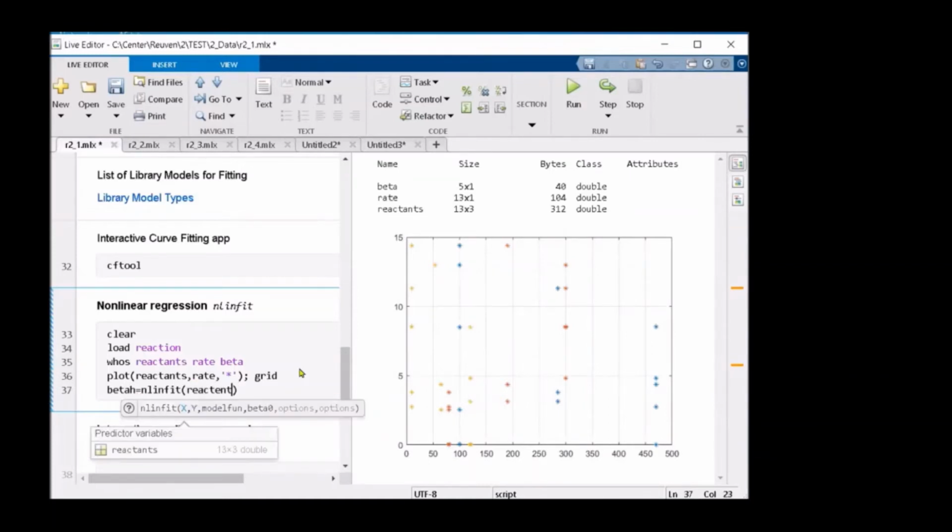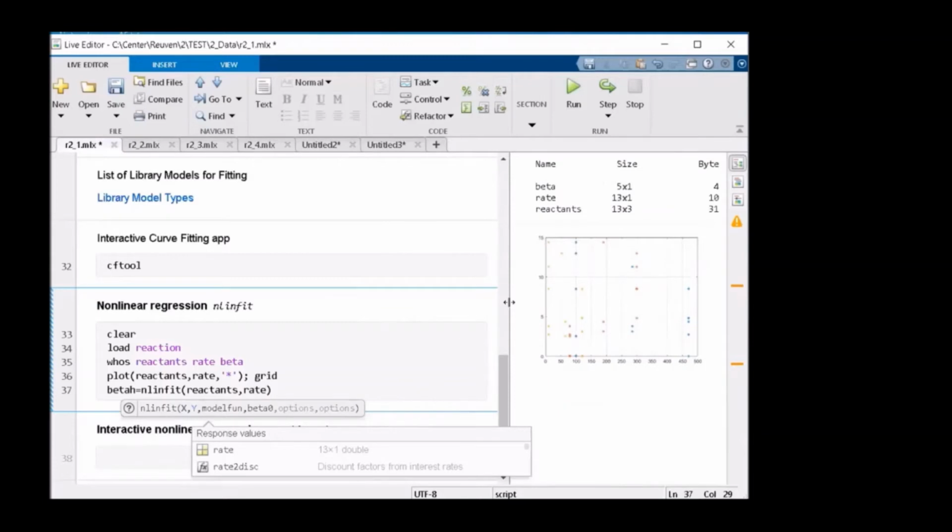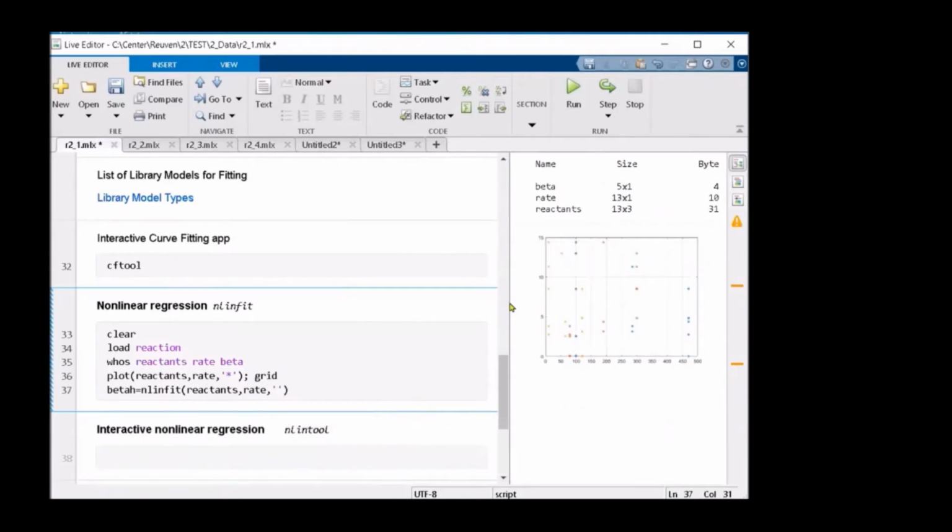And here we use our input, reactants, and the output. Again, here we should know the model that we will use with nonlinear fitting. And Matlab recommends in this example to use the Hougen-Watson model. The name of the model is Hougen. And the initial data of the initial fitting, initial parameter beta.